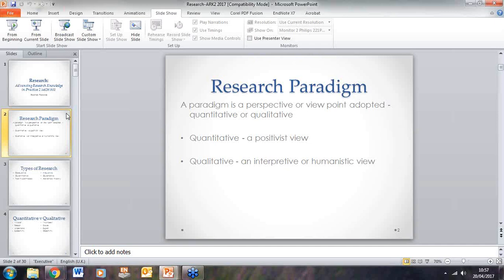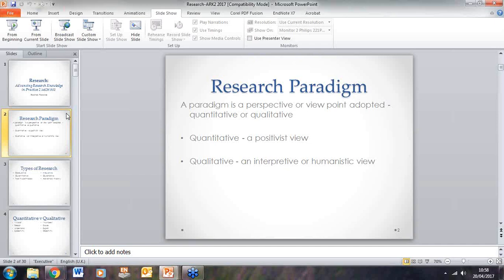Now, don't get me wrong, that doesn't mean that you can't employ techniques that are borrowed from one side or the other. But that perspective that you take at the beginning has to be very clear. So you're either going to be a positivist or you're going to be an interpretivist or a humanist. And so you're going to look at those two opposing perspectives.